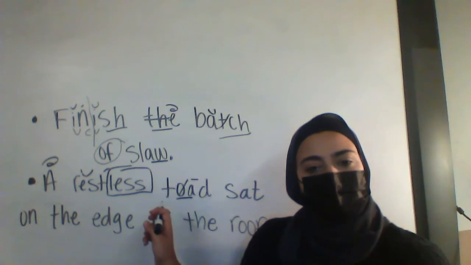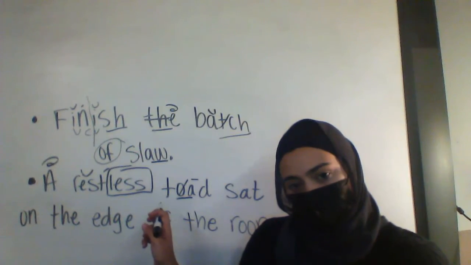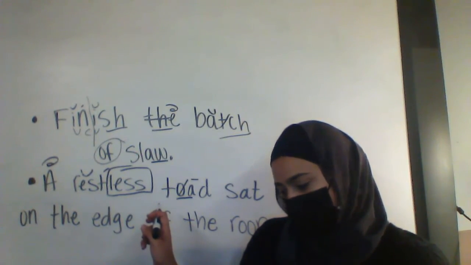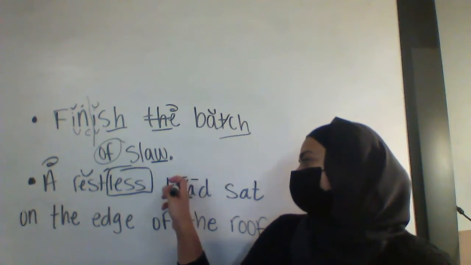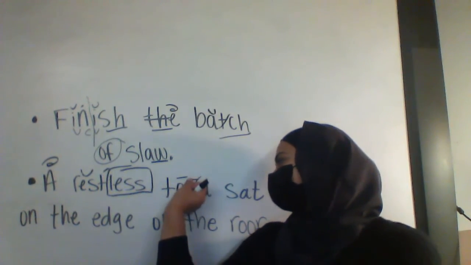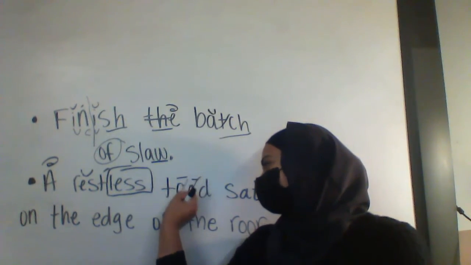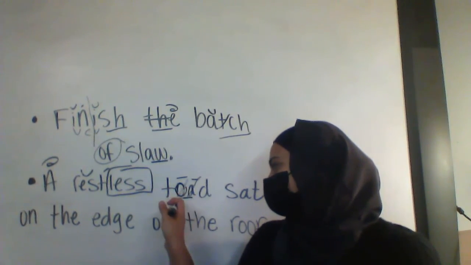Toad. T-O-A-D. Oh, you're right. You put a macron on the O and you cross out the A. Good job. If it's coded that way, it is pronounced Tade. It's coded like this. It's pronounced toad.